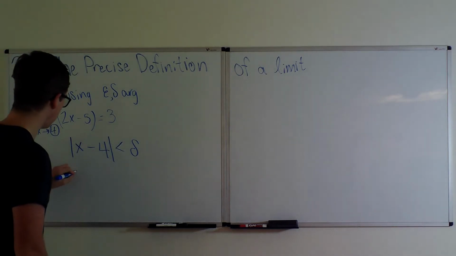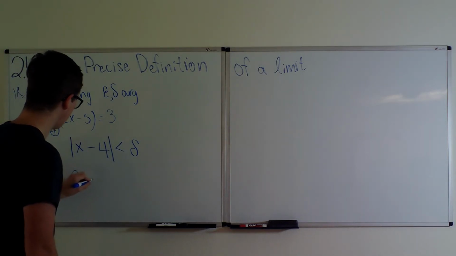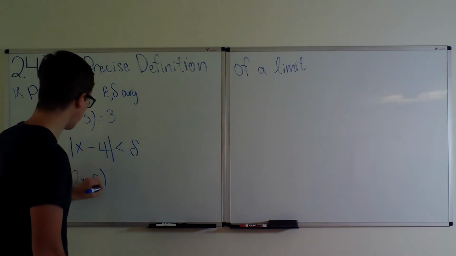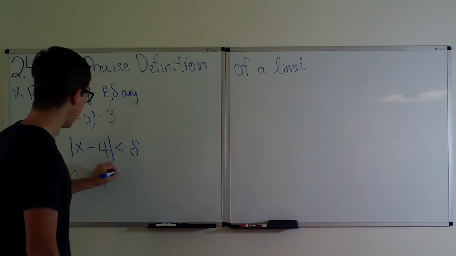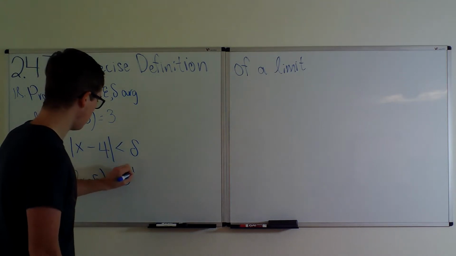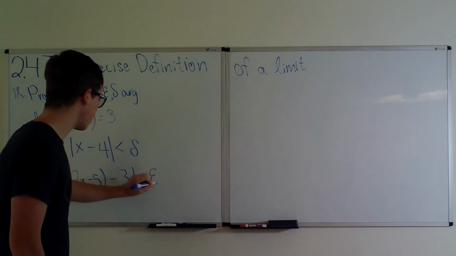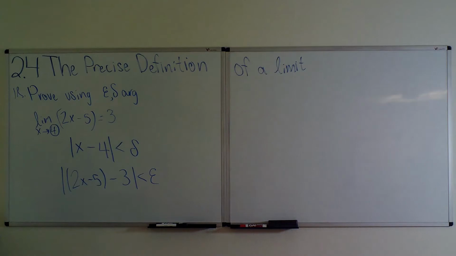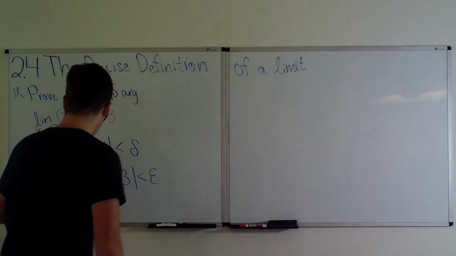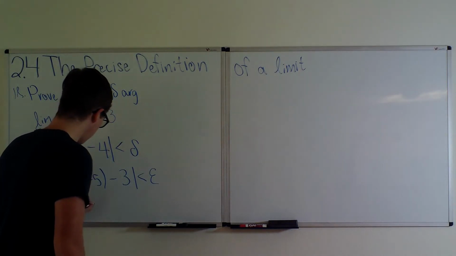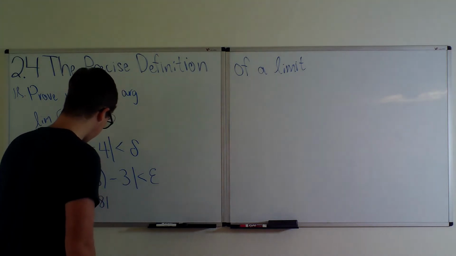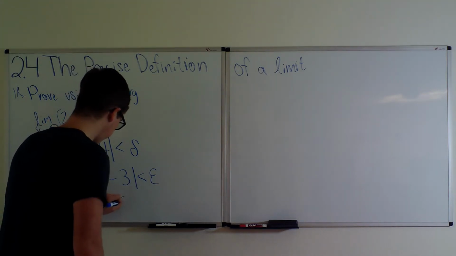Then you have 2x minus 5, because that's your f of x, minus L, which is your 3, all in absolute values, less than epsilon, right? So this is the same as saying the absolute value of 2x minus 8 is less than epsilon.